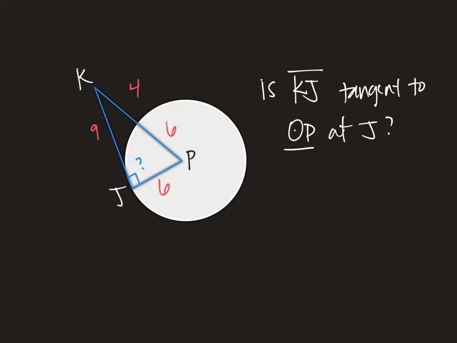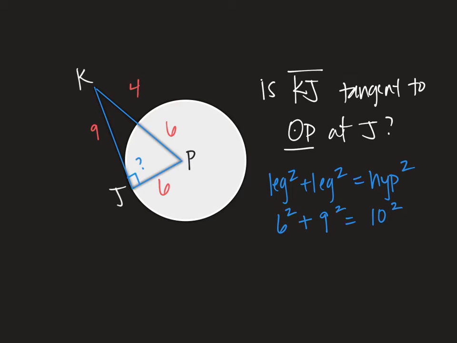Well, if this is a right angle, then it is a right triangle, and the Pythagorean theorem holds true. And remember, the Pythagorean theorem says that if we take a leg and square it, and add it to another leg squared, that should always equal the hypotenuse squared. So in this case, our legs are 6 for JP and 9 for KJ, and our hypotenuse is 6 plus 4, which is 10.